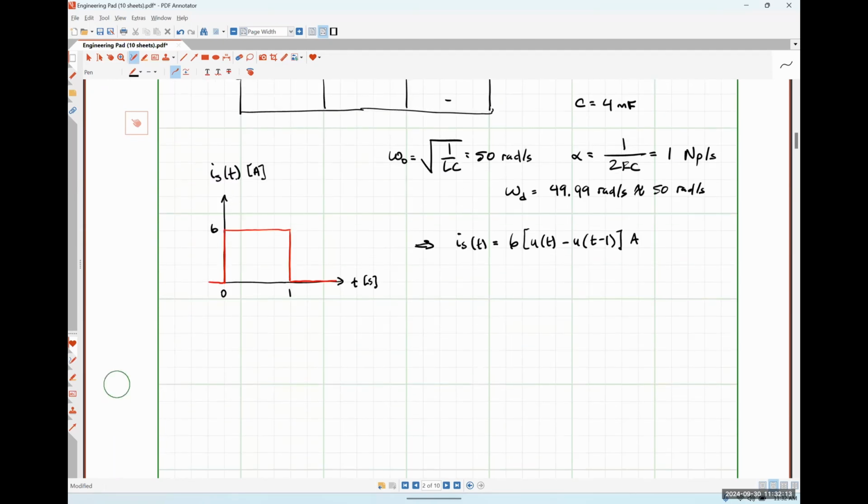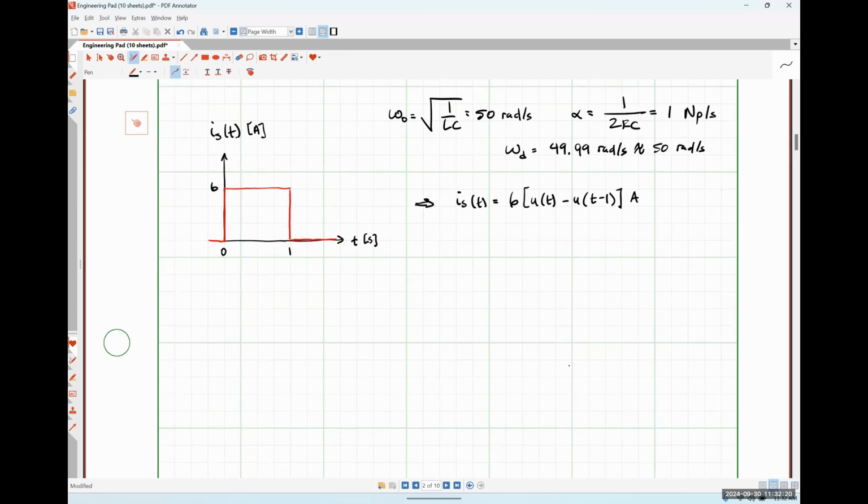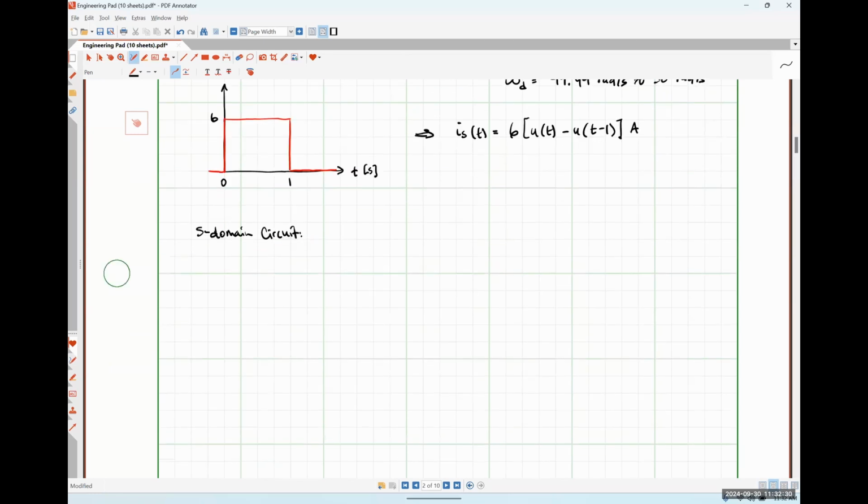So our S domain circuit would simply be our source current Laplace transform connected to our resistor, connected to an inductor having an impedance of SL, connected to a capacitor having impedance of 1 over SC.